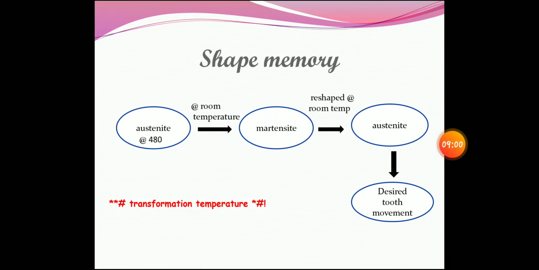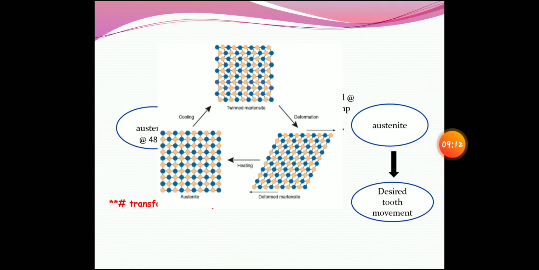The temperature at which it induces the conversion from the detwinned martensite to austenite is called the transformation temperature. Okay, let's go through a small photograph. See here, it's a twinned austenite which on cooling to room temperature gets converted to martensite, which on deformation or working gets converted to deformed martensite, and this deformed martensite on heating gets converted to austenite.